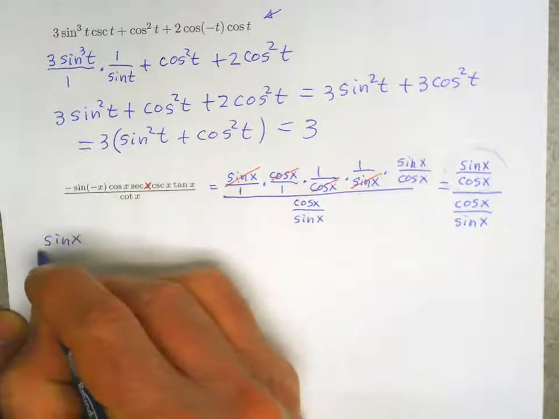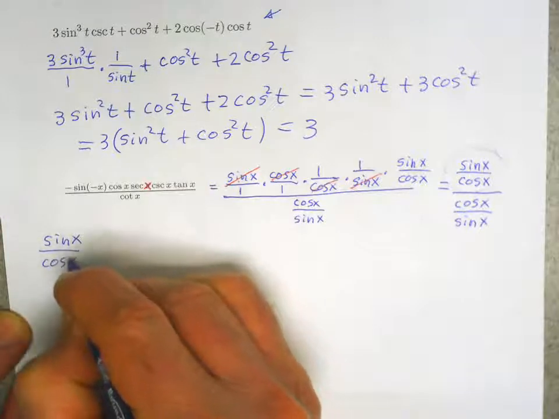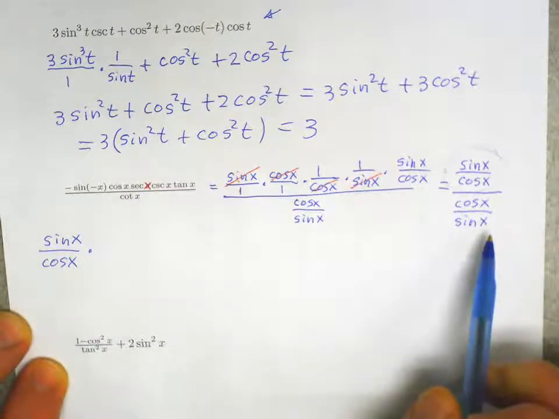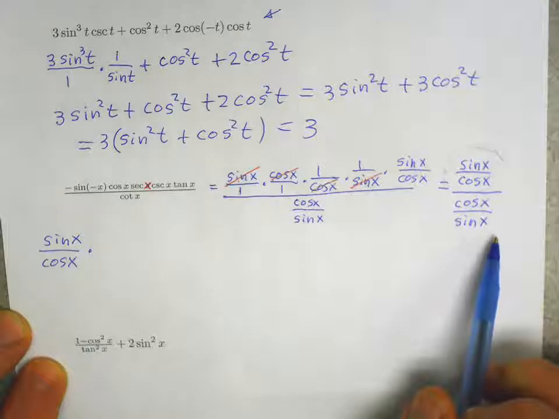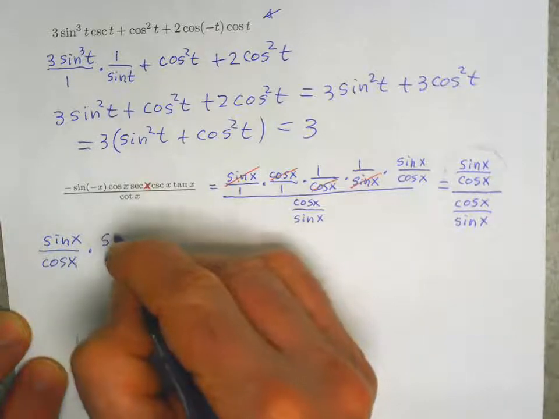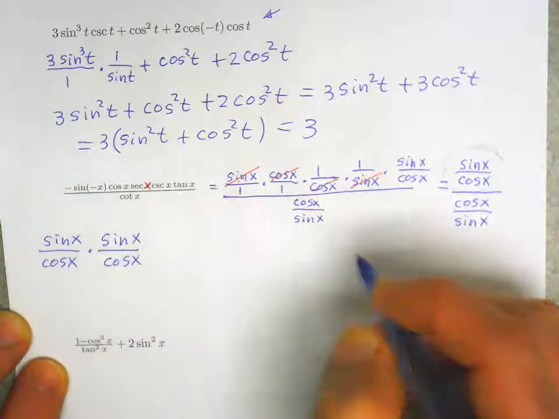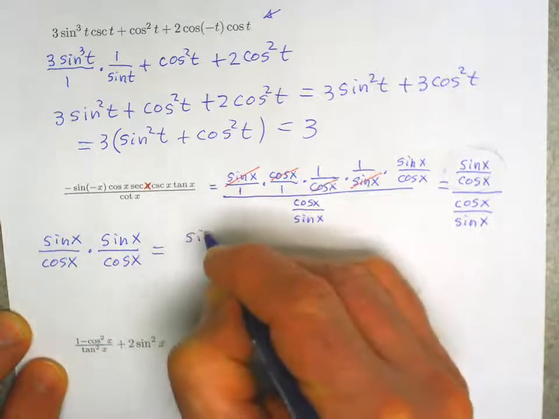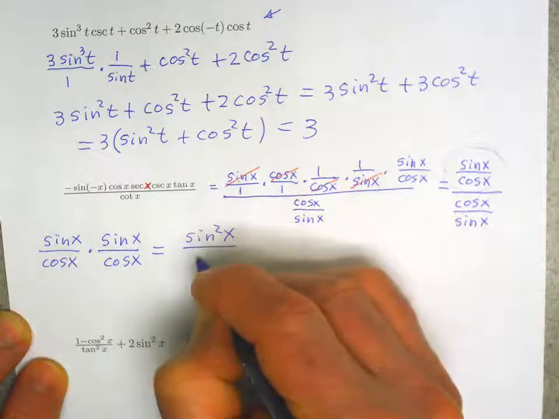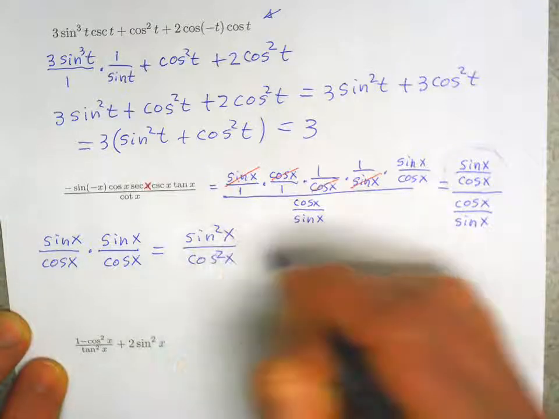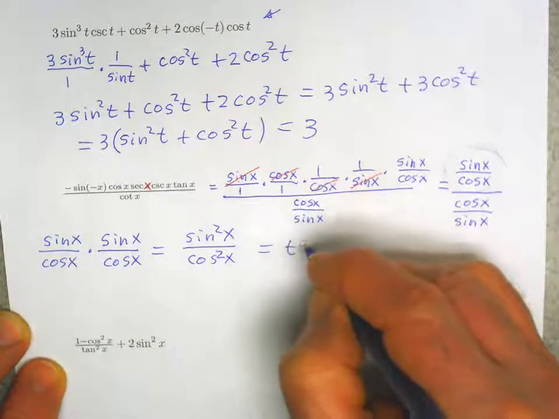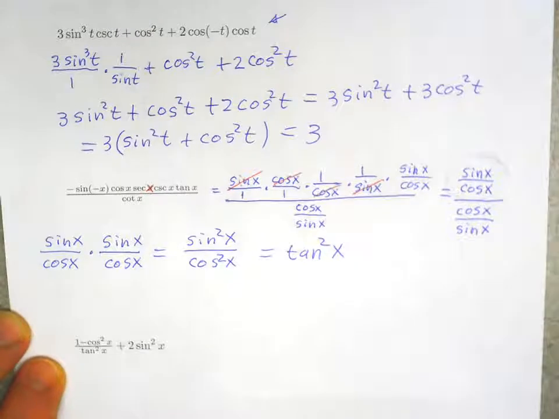So sine of x over cosine of x times sine of x over cosine of x. And we get sine of x squared over cosine of x squared. So we can write it as tangent of x squared.